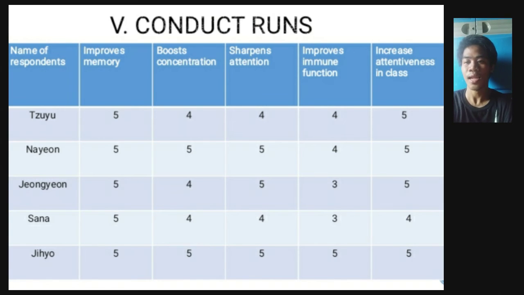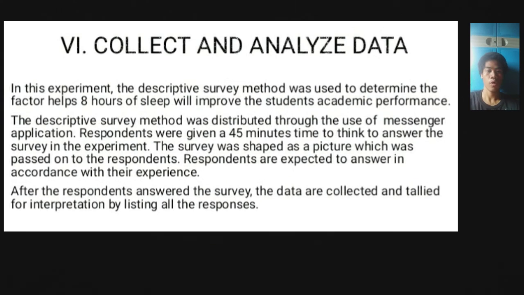Increases attentiveness in class, 4. And for the last one, Gio. Improves memory, 5. Boosts concentration, 5. Sharpens attention, 5. Improves immune function, 5. And increases attentiveness in class, 5. So, this is my conduct runs. Okay, next slide.